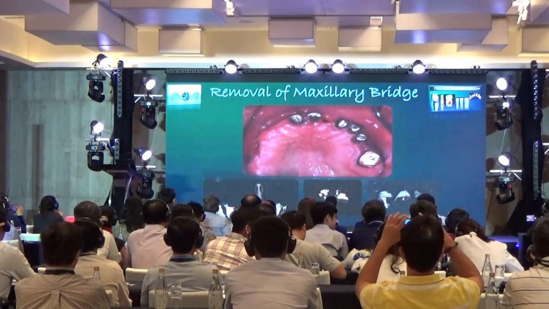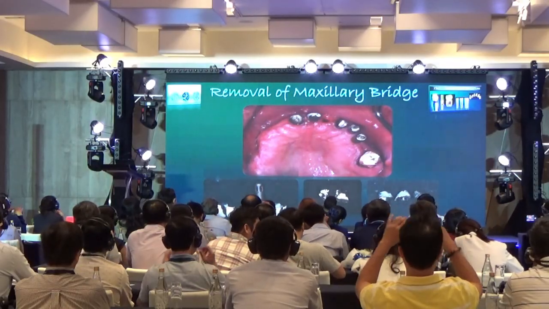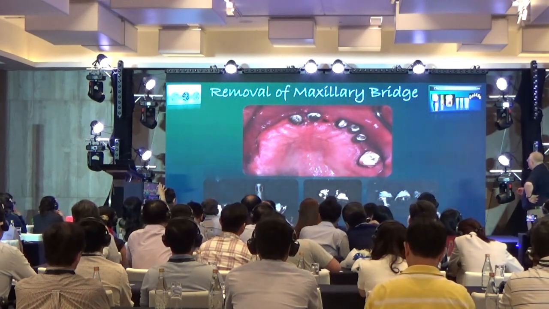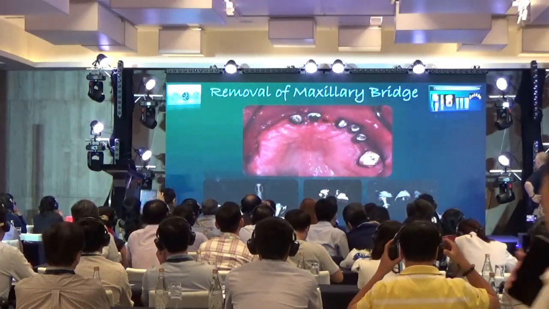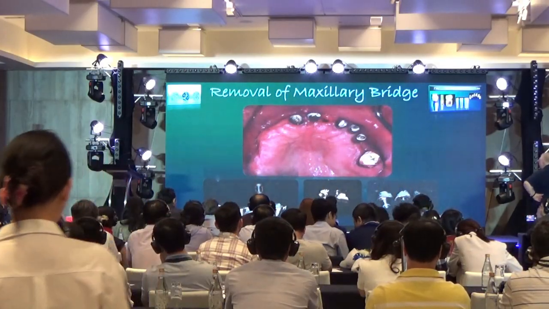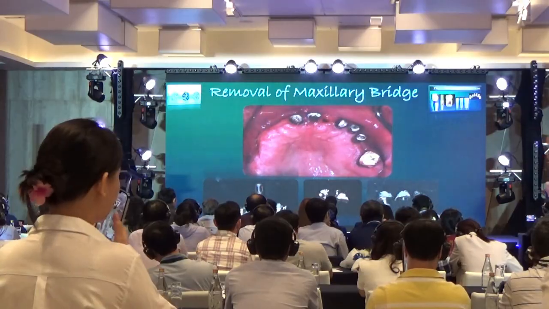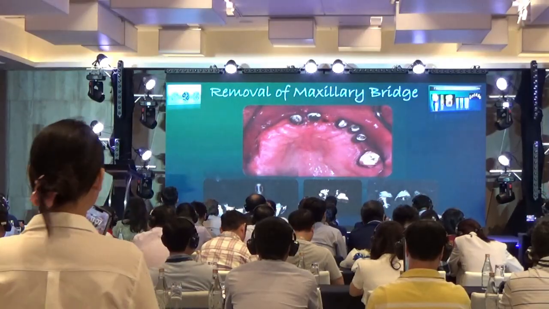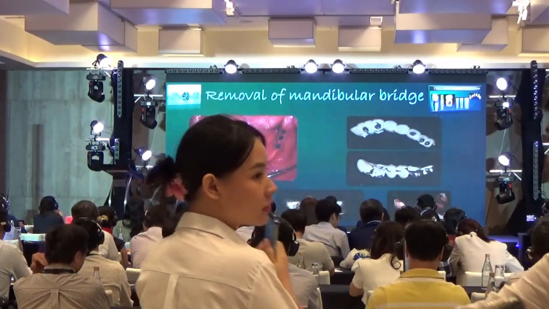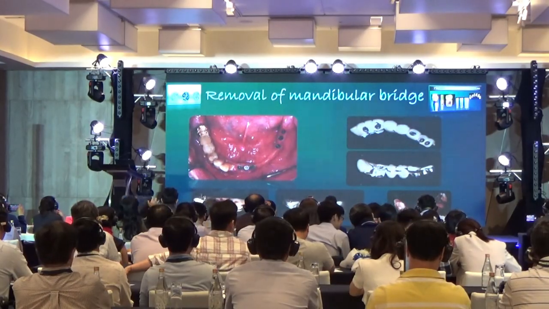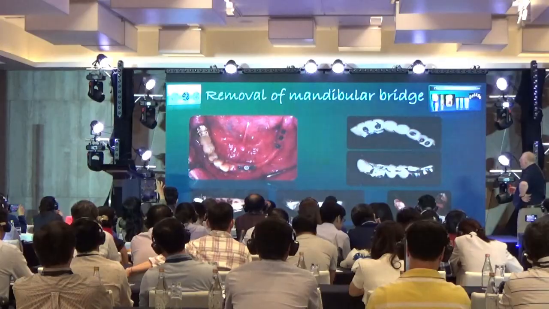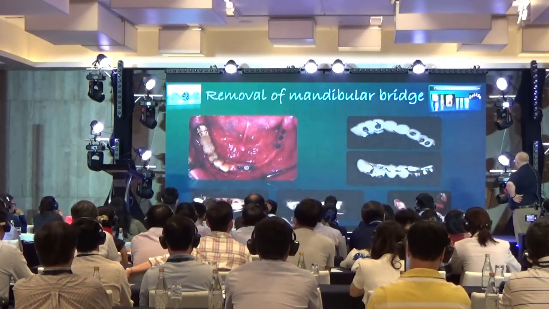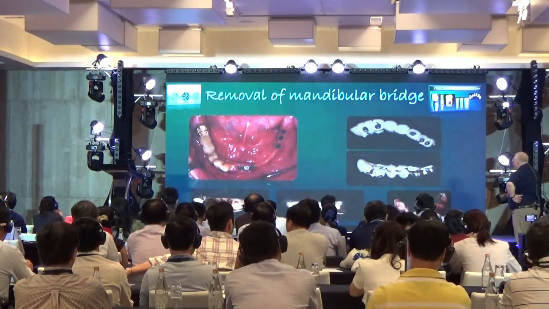So, first we took out everything from the upper jaw. You can see that this implant already came out when we took out the bridge. Other parts came out. So we wanted to see what we can do temporarily on the side. On the lower jaw, again, we removed the prosthetics, trying to see what is left of it.